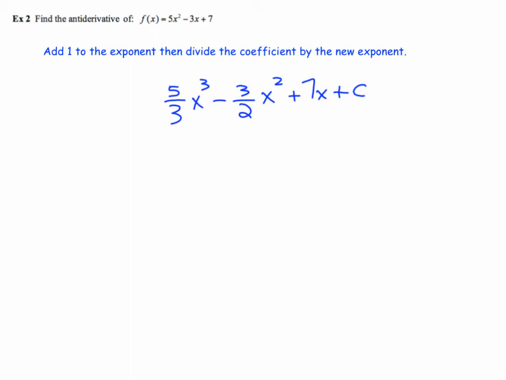In the second term, I add 1 to the exponent, so x squared. Divide by the exponent, so negative 3 gets divided by 2. 7 becomes 7x, and I have to remember to put the plus c at the end because you're adding a constant. If you check your work and take the derivative of this, you end up with the original question.